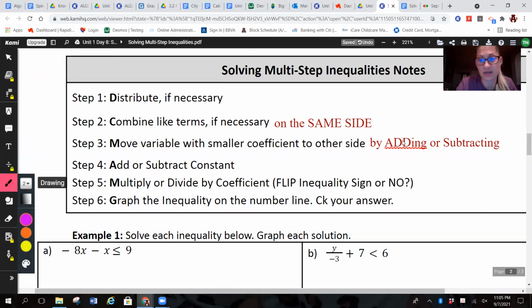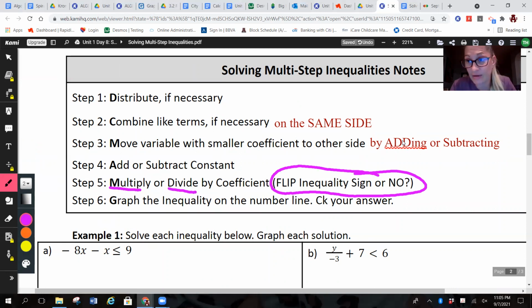Now you have to decide, am I flipping it because I multiplied or divided by a negative? Yes, you are. So that is your little reminder. And then you have to graph your solution set. Graph the inequality, graph the solution.